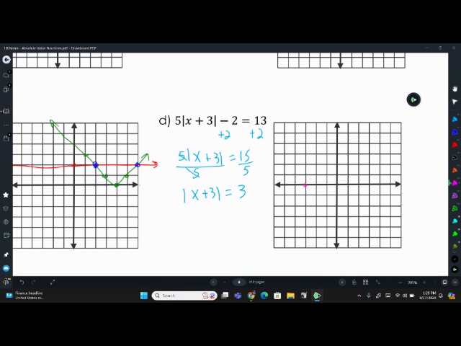There's our vertex, up 1 and left 1, up 1 and left 1. And then y equals 3, 1, 2, 3. This is our horizontal line, so our solutions are at 1, 2, 3, 4, 5, 6, -6, 3 and 0, 3.